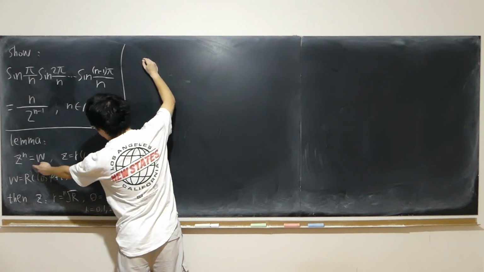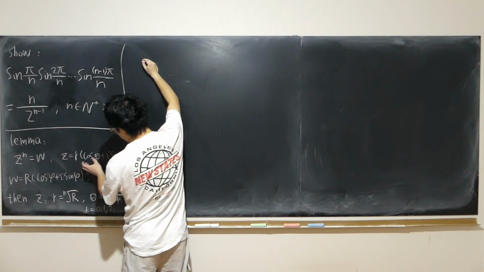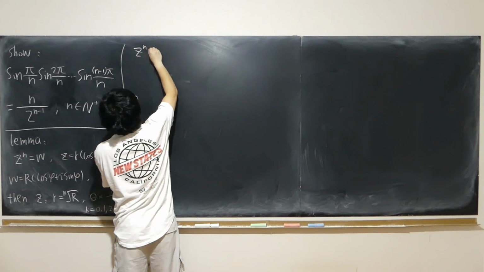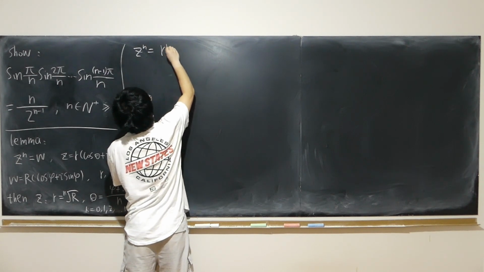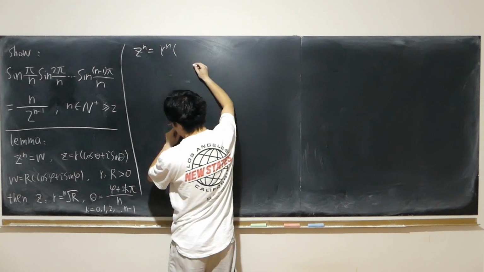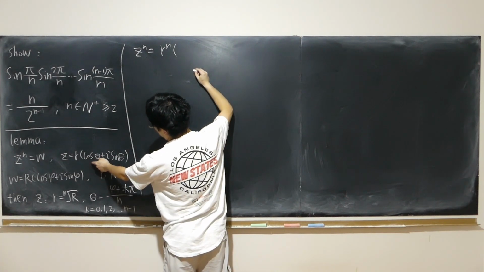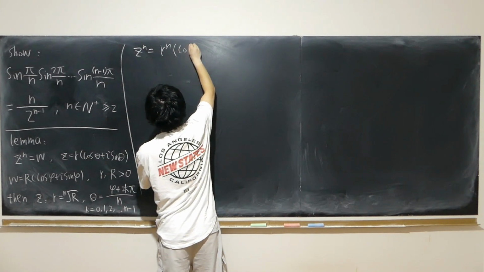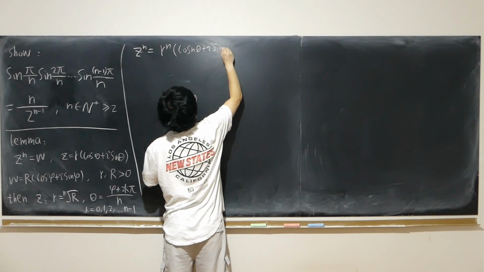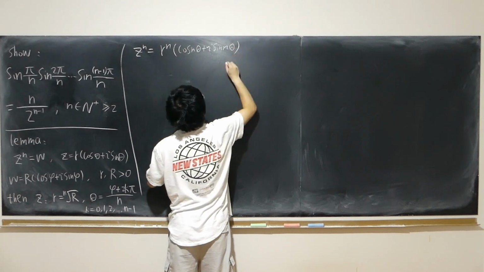So first, this lemma. z to the power of n, with z written in this form, equals r to the power of n times, according to De Moivre's rule, cosine n theta plus i times sine n theta.